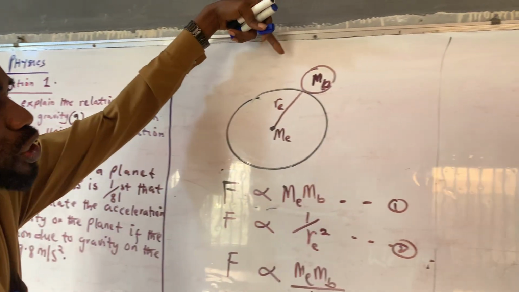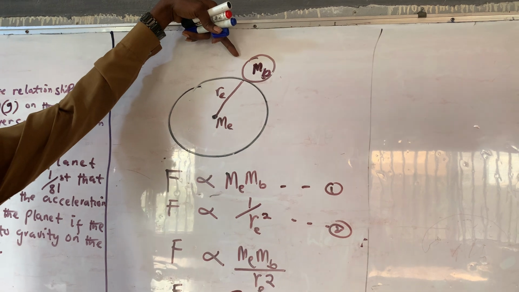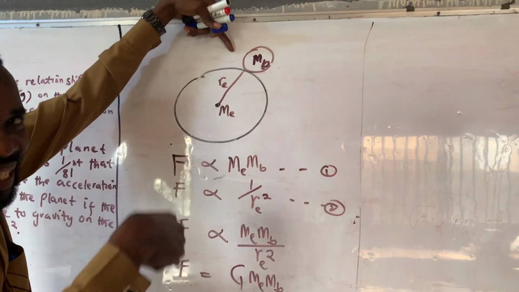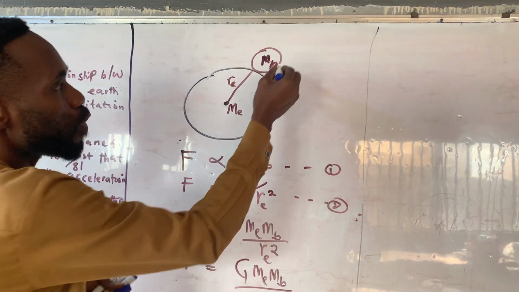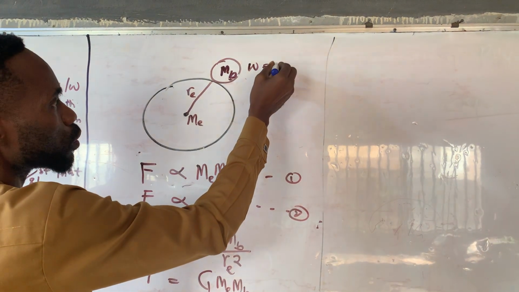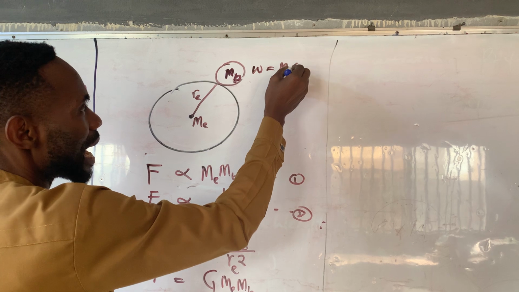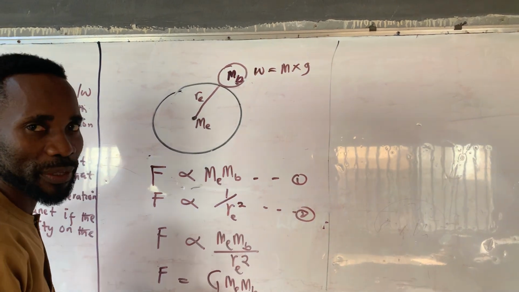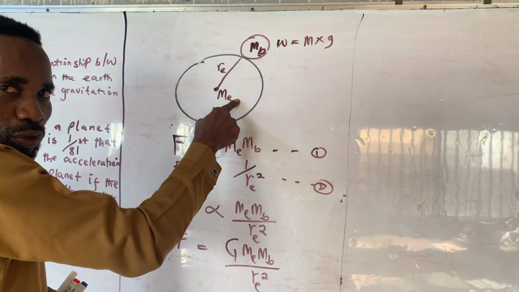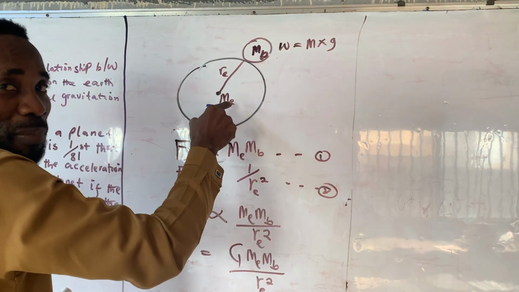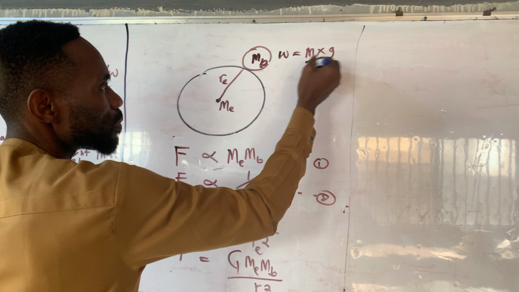Also, we should understand that the weight of this body of mass is acting vertically downward towards the center of the Earth. The weight of an object is equal to the mass of the object times acceleration due to gravity. So the force of attraction between these two bodies is equal to the weight of this object.